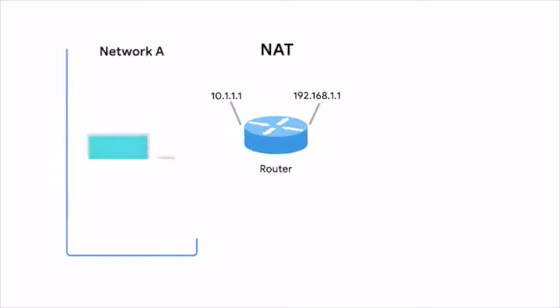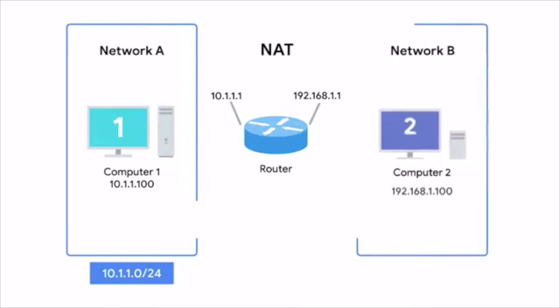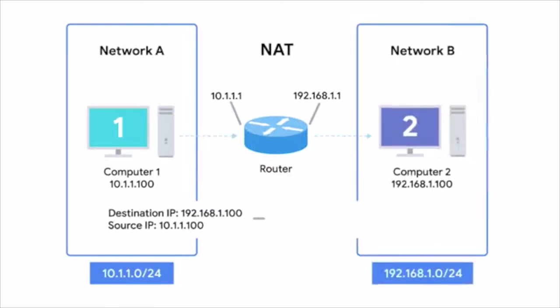Normally, a router will inspect the contents of an IP datagram, decrement the TTL by 1, recalculate the checksum, and forward the rest of the data at the network layer without touching it. But with NAT, the router will also rewrite the source IP address, which in this instance becomes the router's IP on network B, or 192.168.1.1. When the datagram gets to computer 2, it'll look like it originated from the router, not from computer 1.